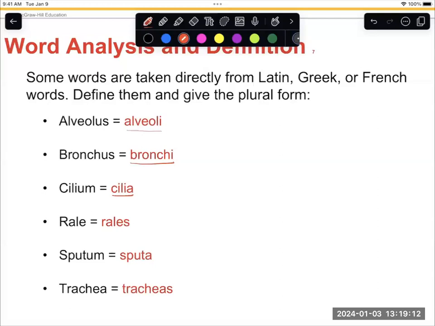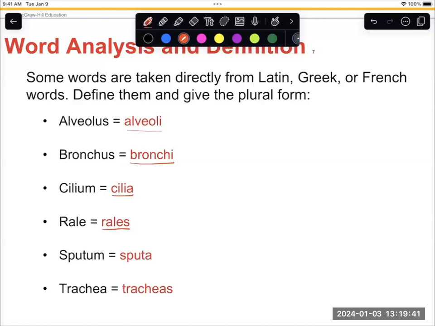Rale, that's singular in French, means rattle. Rales, plural, is that crackle that is heard with a stethoscope when air bubbles through the liquids in the lungs. So if somebody breathes in, you're hearing these crackling sounds. They're known as rales.